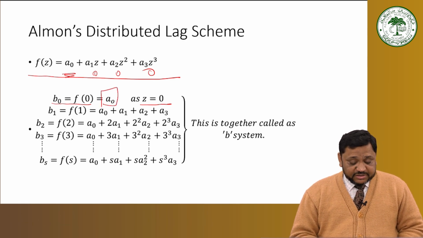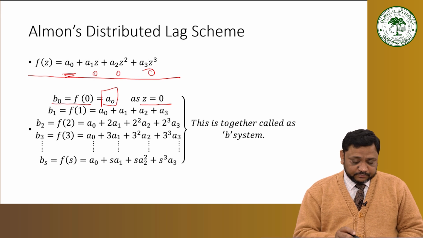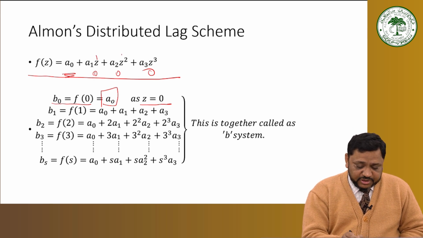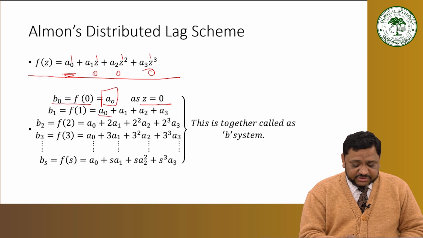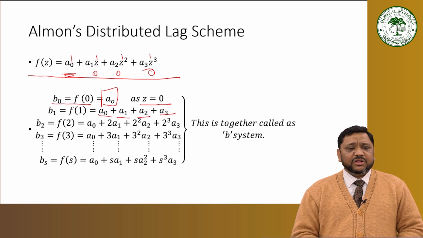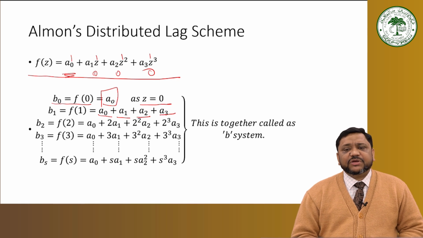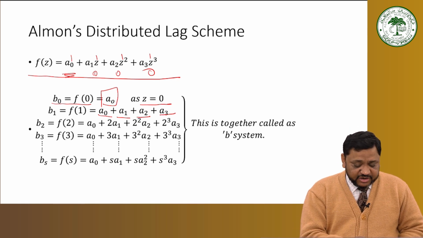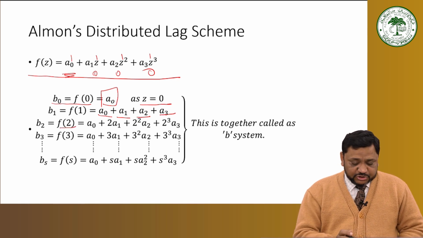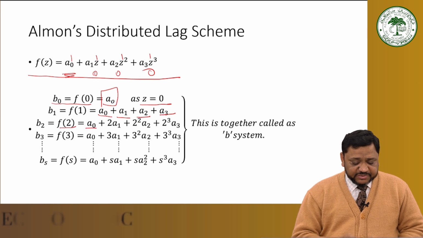Now, when z is equal to 1, here also 1, here also 1, here also 1. So we have a0 plus a1 plus a2 plus a3. Next, when z is 2, this a0 comes as it is.